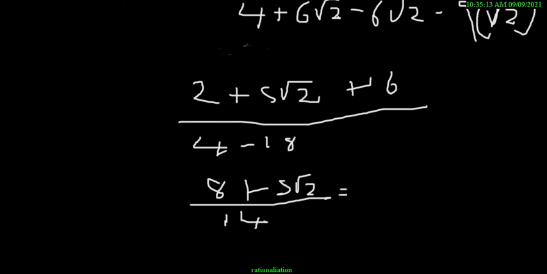And remember what we said about conjugates, it would be preferable to write it as 8 over 14 plus 5 root of 2 over 14.